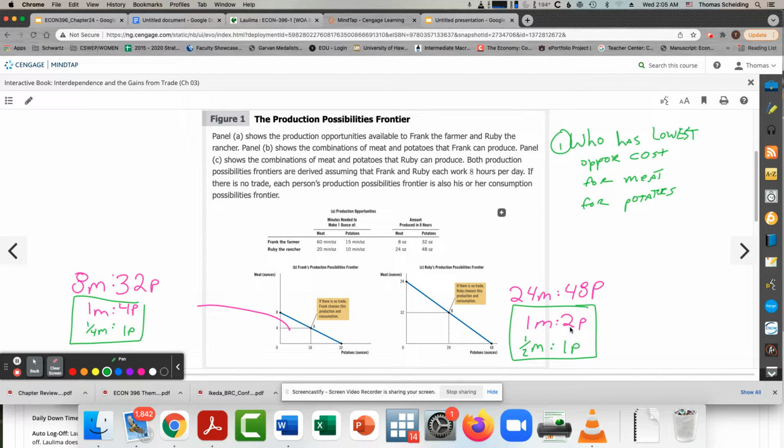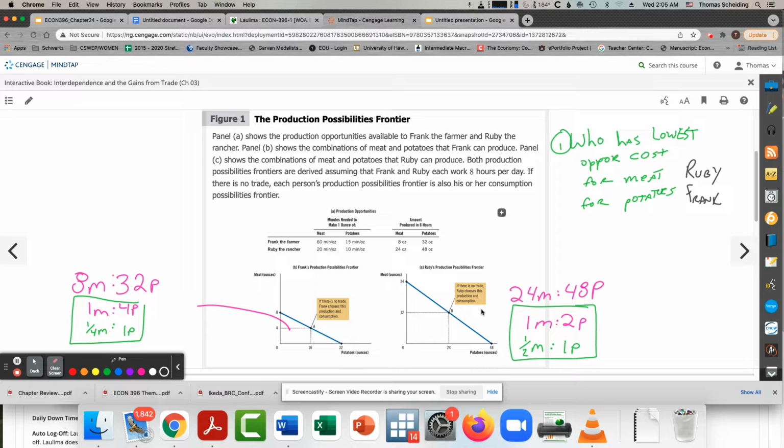Here, one meat costs 2P. Here, one meat costs 4P. So Ruby makes meat the cheapest. Potatoes, who makes potatoes the cheapest? One potato costs a half, one potato costs a fourth. So here, Frank makes potatoes the cheapest.